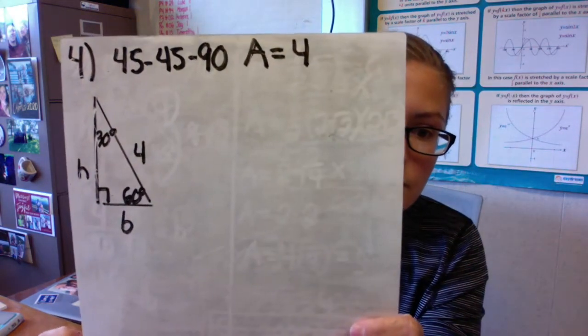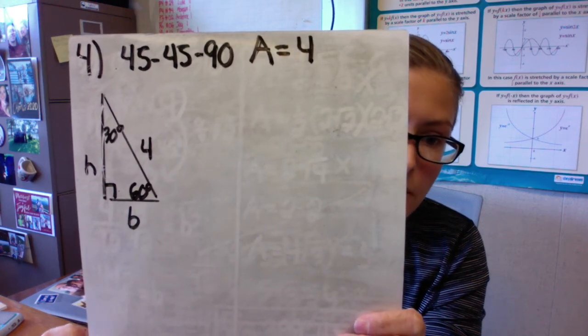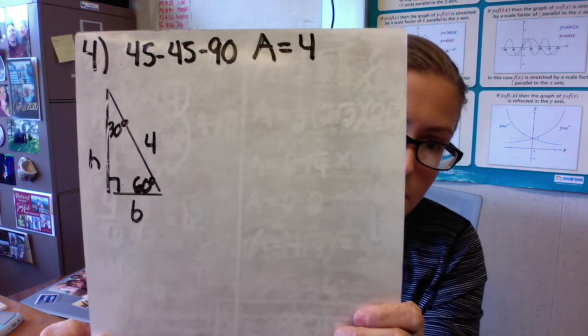Okay, now we need to do our other triangle, our 30, 60, 90. We need to find our B first, the one across from 30. To go from 4 to B, we need to divide by 2.